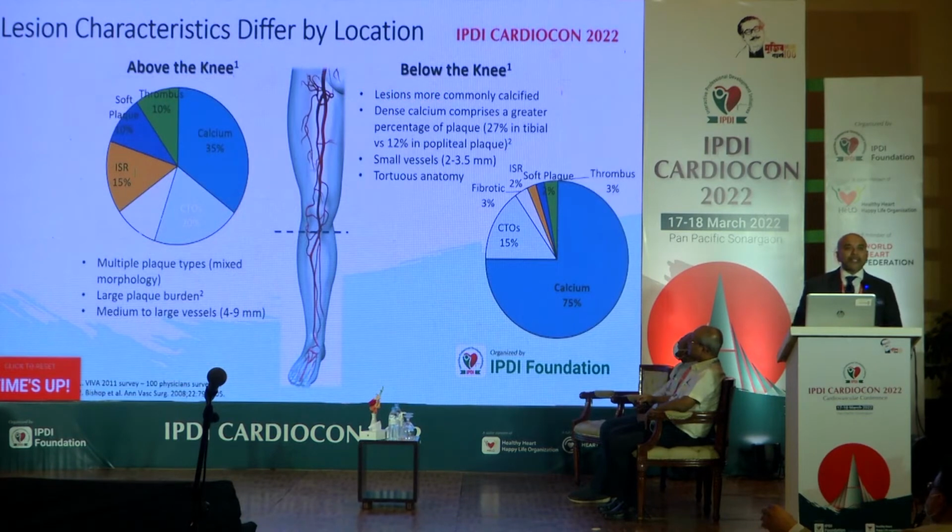So how are these lesions different from above the knee to below the knee? Well, once you get below the knee, based on studies, there tend to be more calcific lesions. You'll see that 75% of these lesions are calcified. It's dense calcium most of the time in the tibial vessels compared to popliteal and femoral.